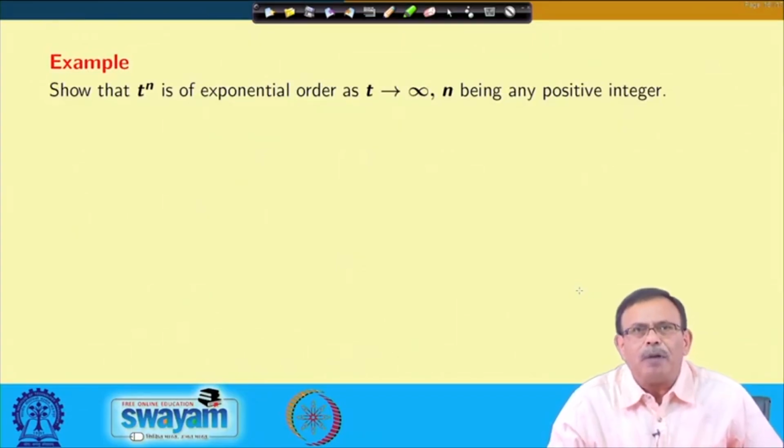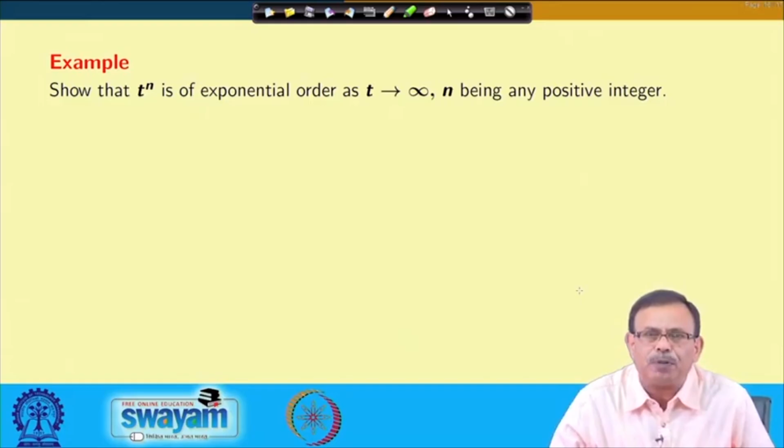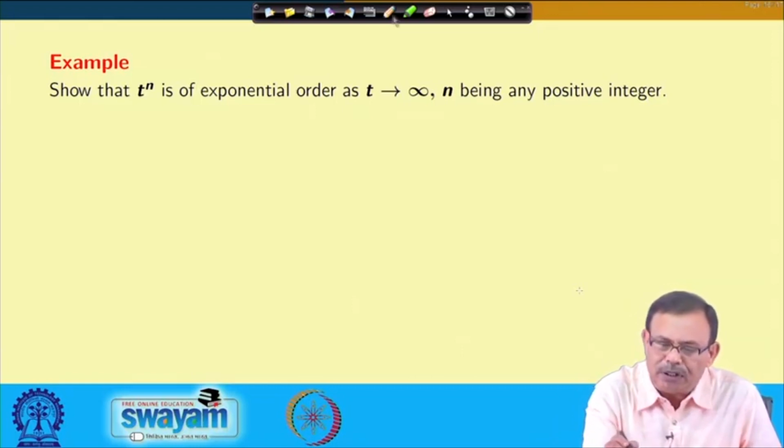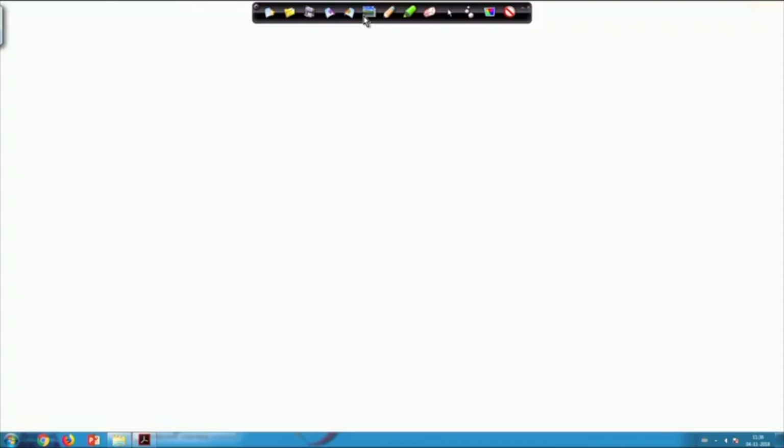Example: we have to show that t^n is of exponential order as t approaches infinity, n being any positive integer. What we have to do is find the limit as t approaches infinity of e^(-at) times t^n, because we want to find out whether t^n is of exponential order alpha or not, where a is greater than 0.